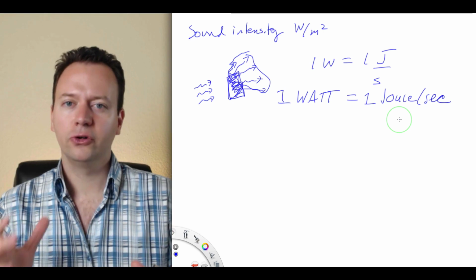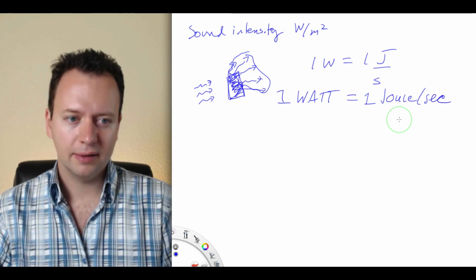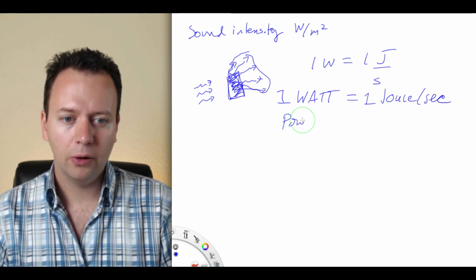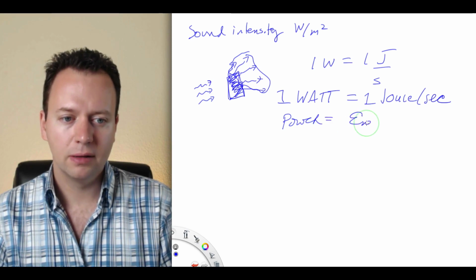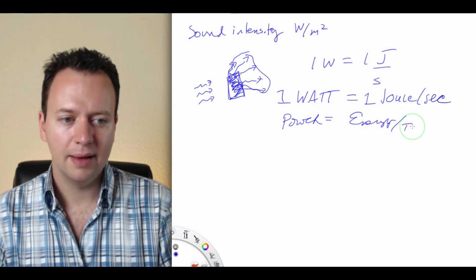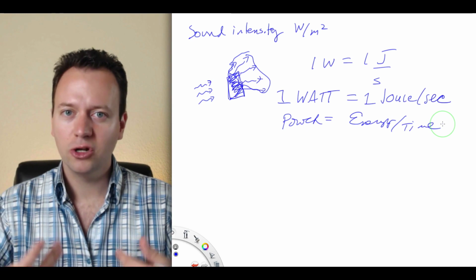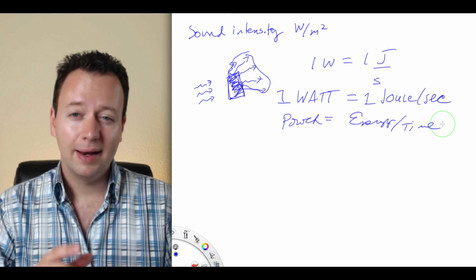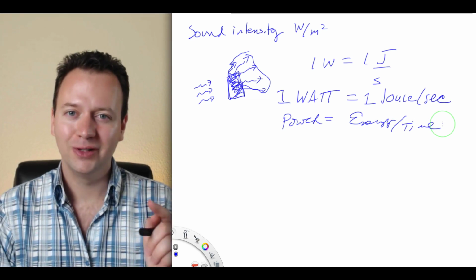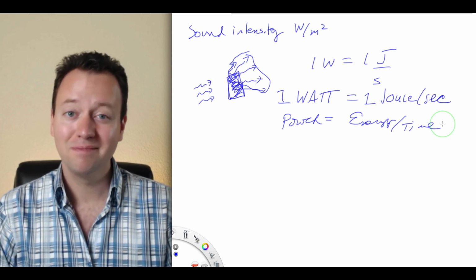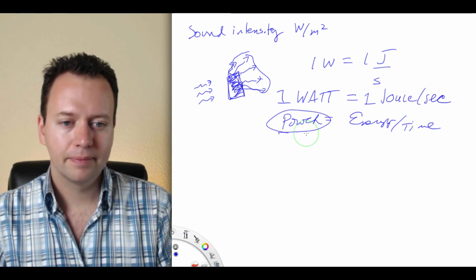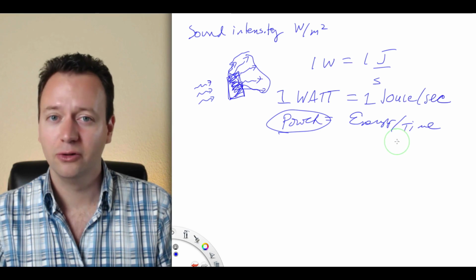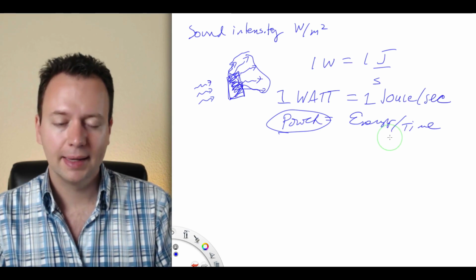This is called power. So power is energy per unit time, basically the rate at which you're delivering energy. Power is the time derivative of the energy. You can think of this as a derivative because it's a rate.